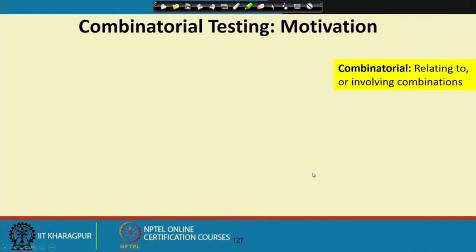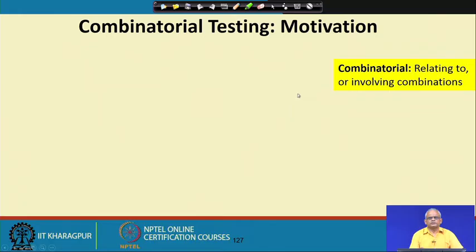The word combinatorial, if you look in the dictionary, means relating to or involving combinations. The idea here is that in testing software, there are multiple inputs and conditions. In the previous lectures we had seen how to design black box test cases based on the input values, looked at equivalence class, boundary values and so on.